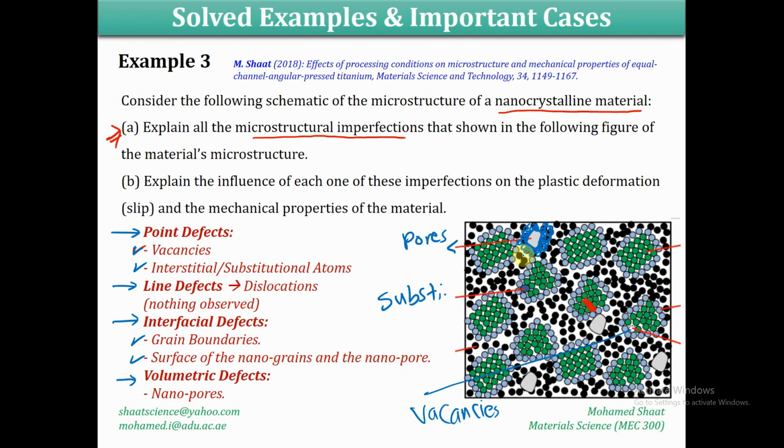One defect is being a pore, a volumetric defect. The second defect is that this pore itself has a surface, so it will produce some interfacial defects. So the pore has two defects, one interfacial, the other volumetric because of being a pore. Make sense? So this is for the first part. It is just to discuss and explain all the microstructural imperfections that we can observe within the material structure of a nanocrystalline material.